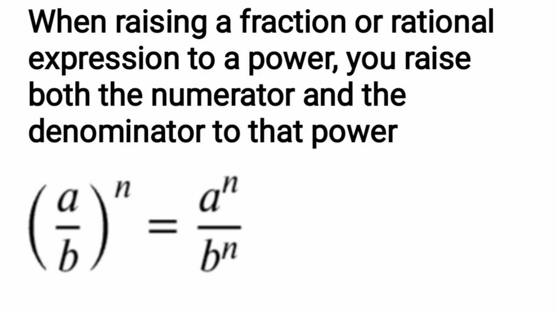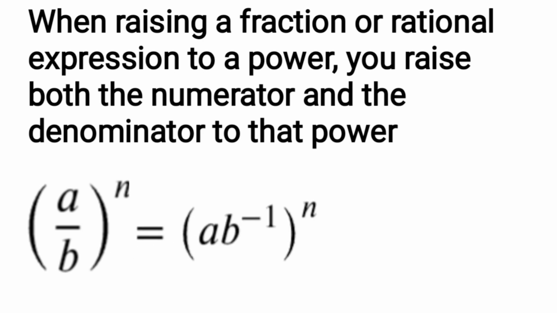To come up with this one, we have to use the laws of exponents. If you raise b to -1, this must become a times b to the power -1, raised to the power n. By raising these factors inside the parentheses, you must raise a and b to the power n, multiply.